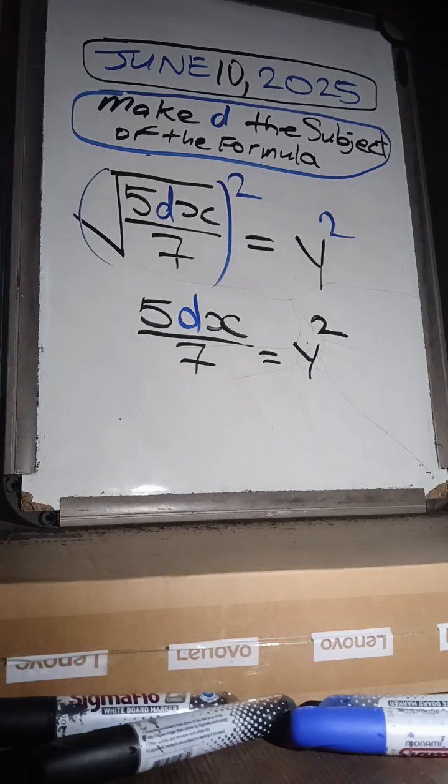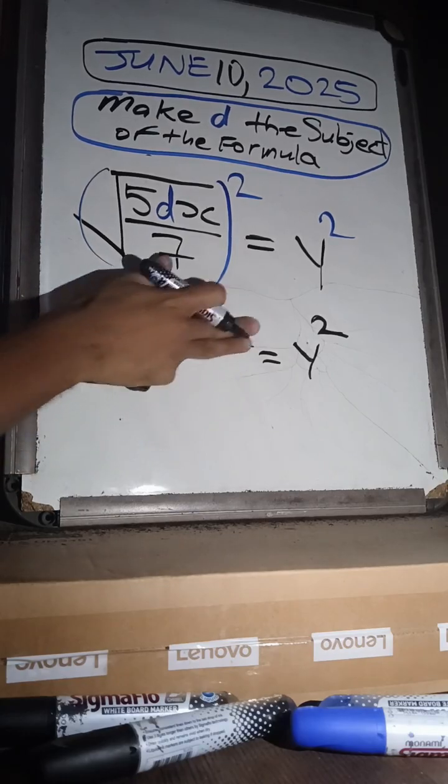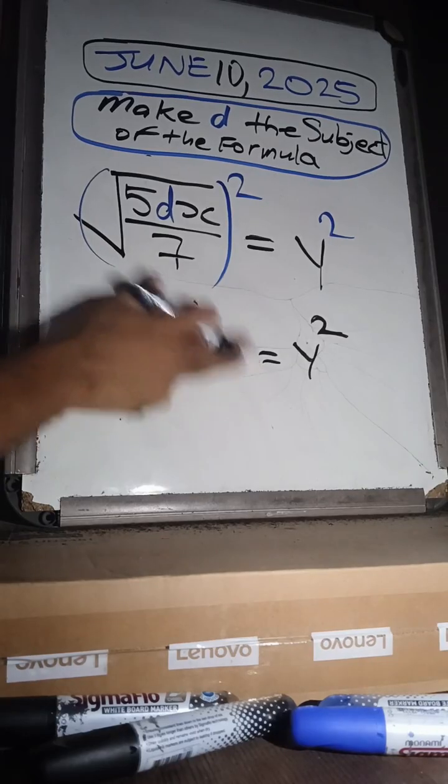So imagine this as 5x over 7 times d equal to y squared. So let us change it to that. 5x over 7.